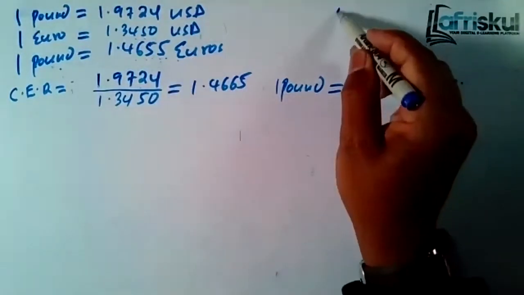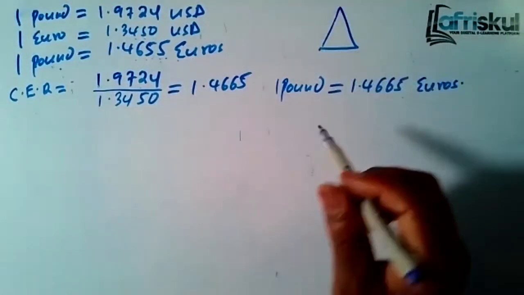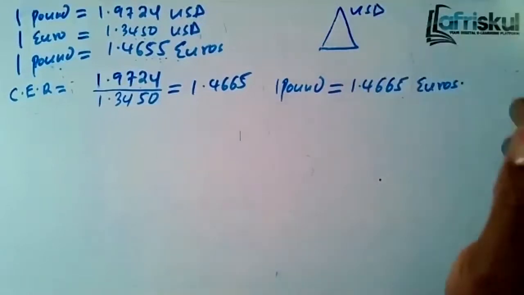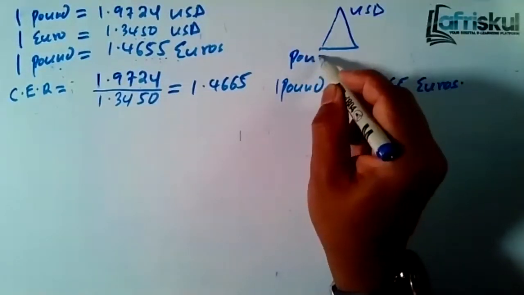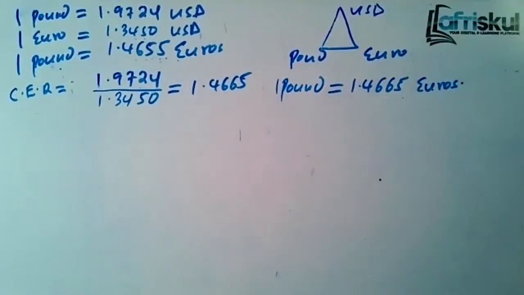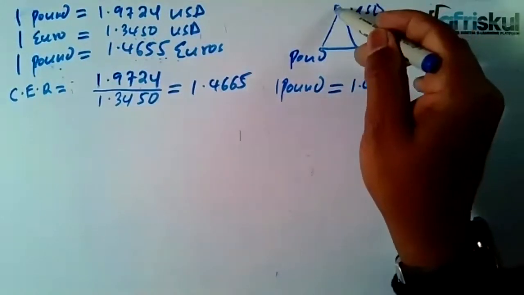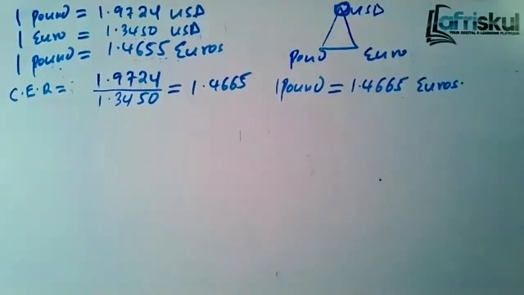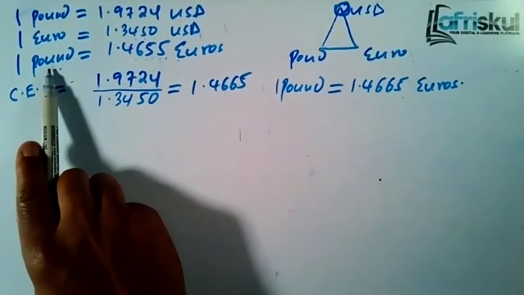Let me take you back to the triangle. You have US dollars, you have the pound, and you have the euro. Having the US dollars here, the pound has been undervalued.